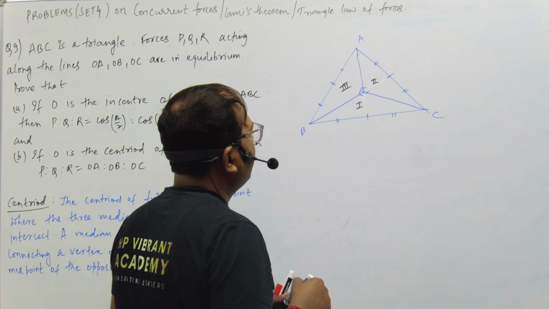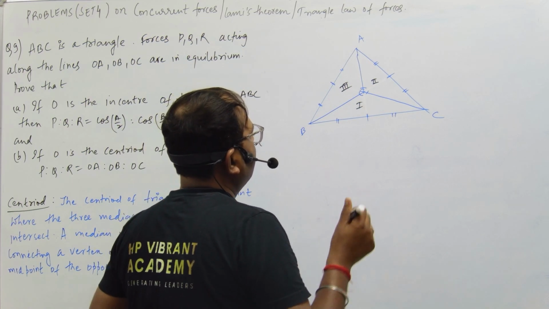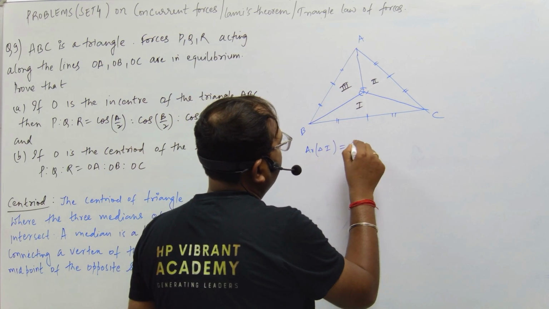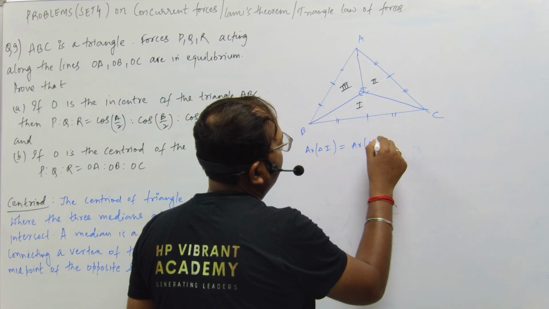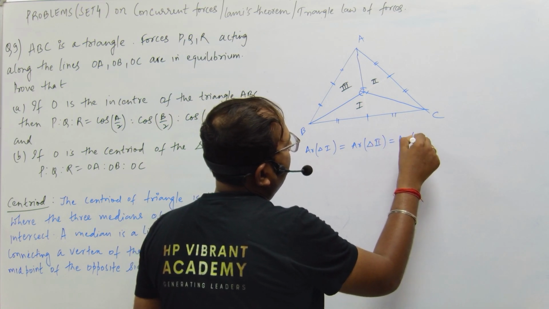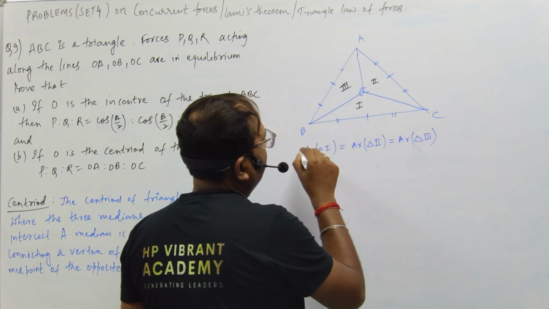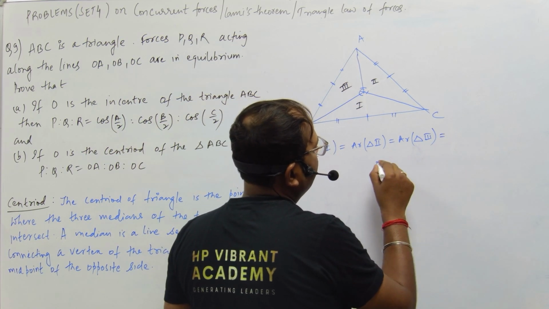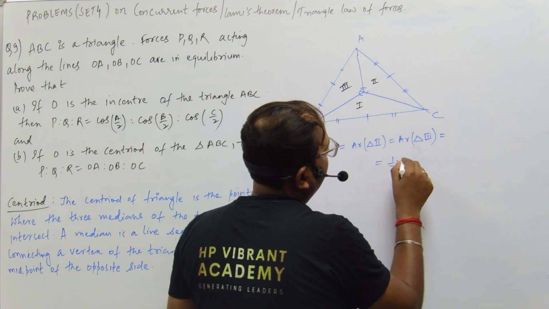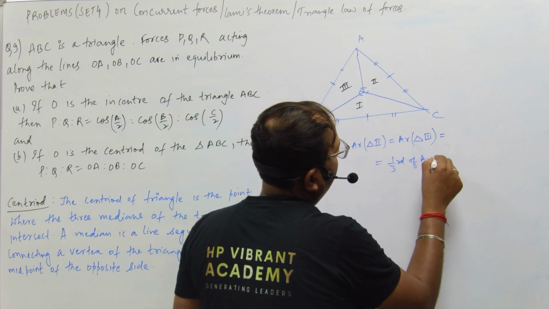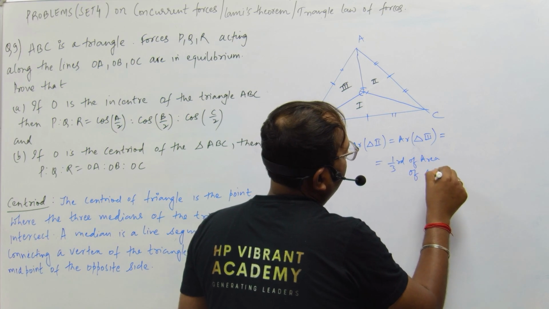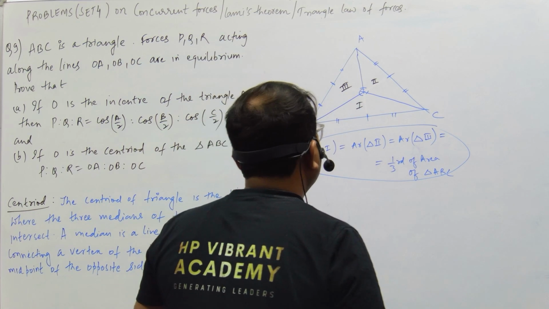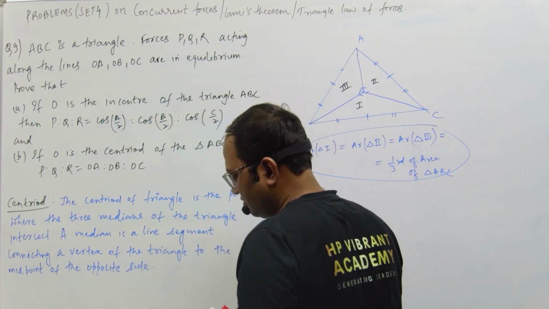The area of triangle 1 is equal to the area of triangle 2, which is equal to the area of triangle 3, and each is equal to 1/3 of the area of triangle ABC. So this is the concept of the centroid. Now let us discuss question number 9.